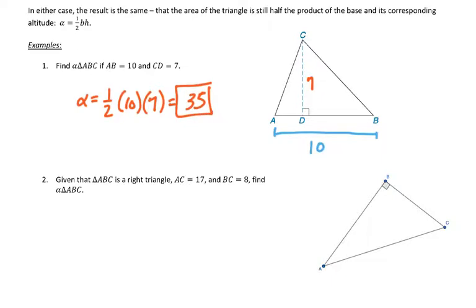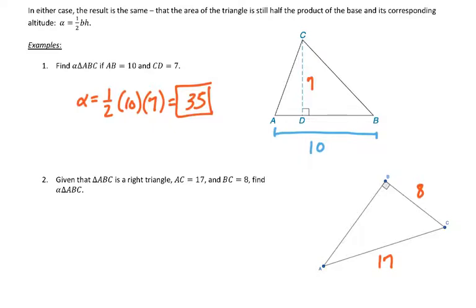For instance, stepping it up one notch: given that triangle ABC is a right triangle, AC is 17, BC is 8. Find the area of triangle ABC. Well, I can't do that just given this information because I need to have a base and its corresponding altitude.